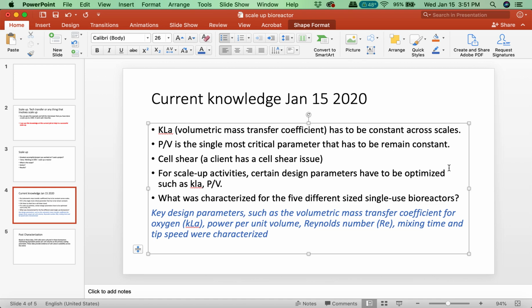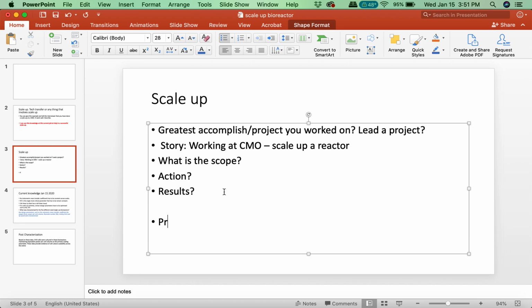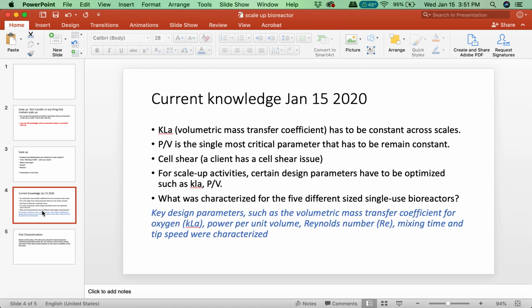So for five different size single-use bioreactors, key design parameters such as the volumetric mass transfer coefficient for oxygen, power per unit volume, Reynolds number, mixing time, and tip speed were characterized.